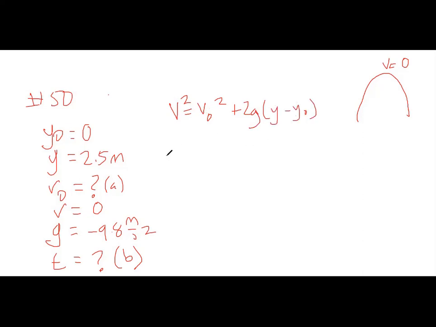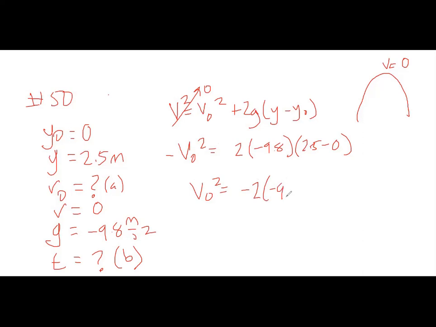Our goal is v naught squared, so we take it to the other side: negative v naught squared, because v is 0, equals 2 times negative 9.8 times (2.5 minus 0). v naught squared equals negative 2 times negative 9.8 times 2.5. v naught equals 7 meters per second.